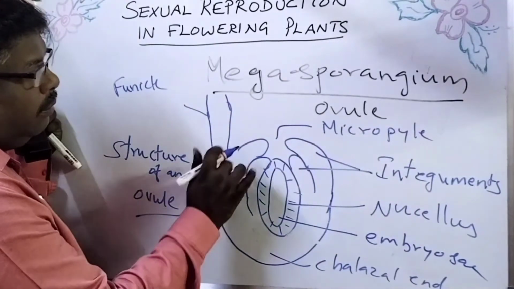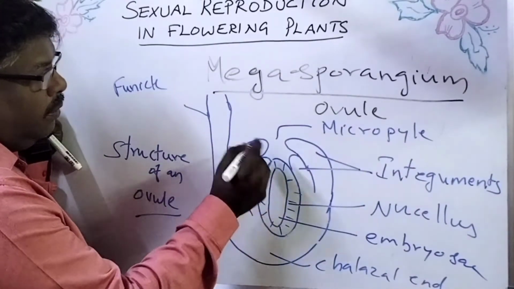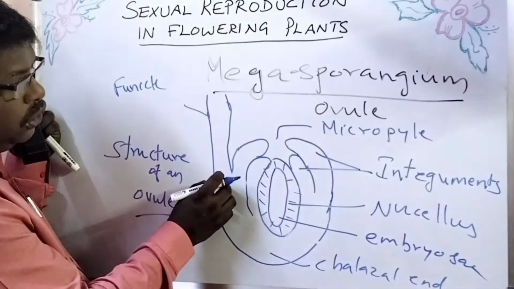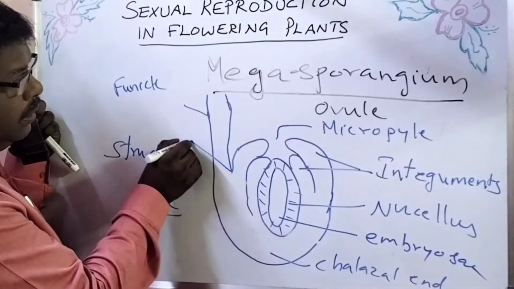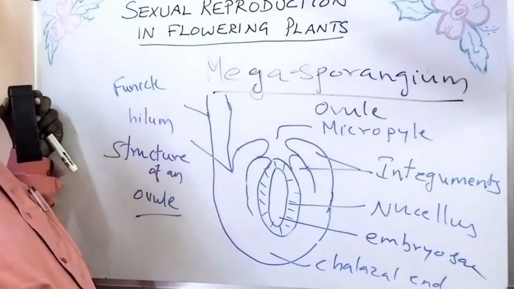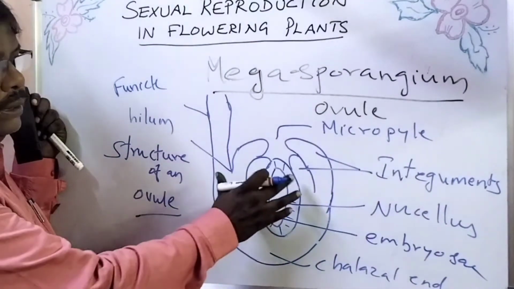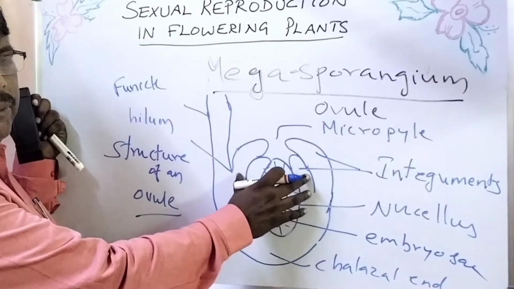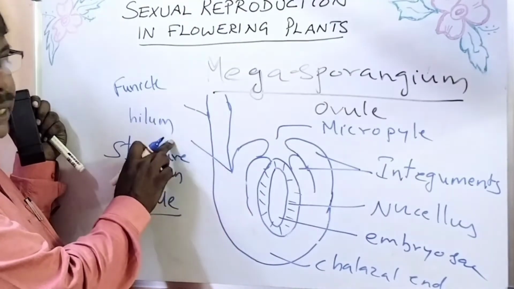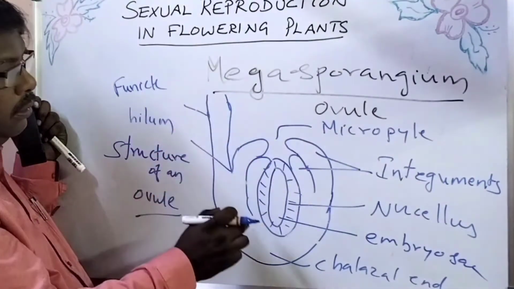And this area, where the embryo sac and the integuments are fused with the stalk, this particular region is called hilum. This stalk is called funicle.